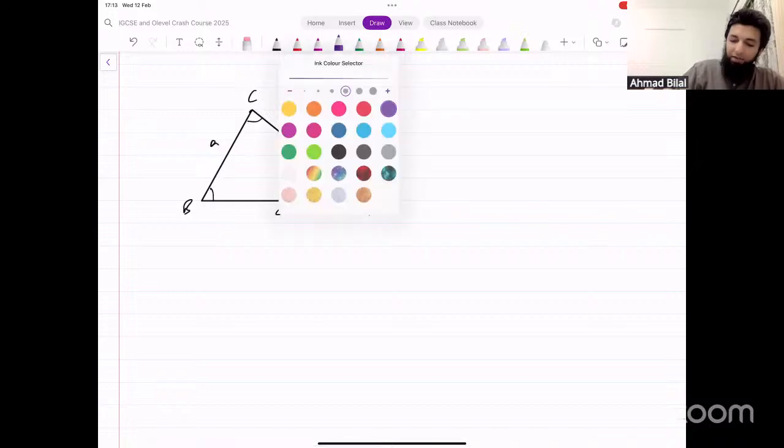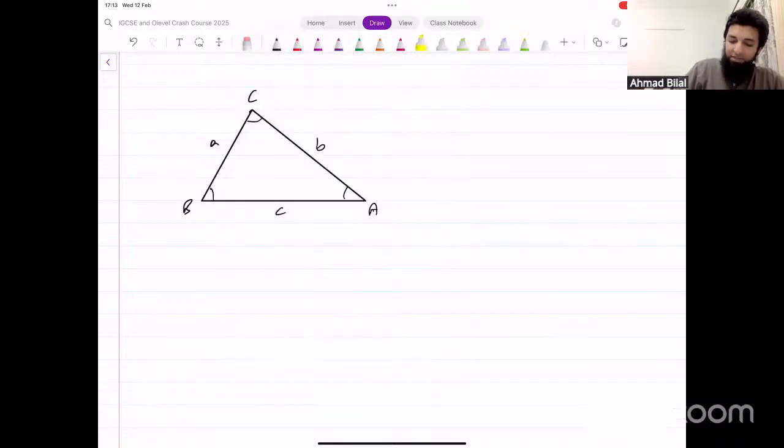Now, how can you write that formula? It depends on which sides and which angles you're considering. If you're considering a and b as the sides, then the angle between them would be this. So one way to write the formula of the area of the triangle would be half ab times sine of C. But instead of that, if you were taking some other sides, now that we understand what the formula means, we can take any of the three sides. You can also write it like this.